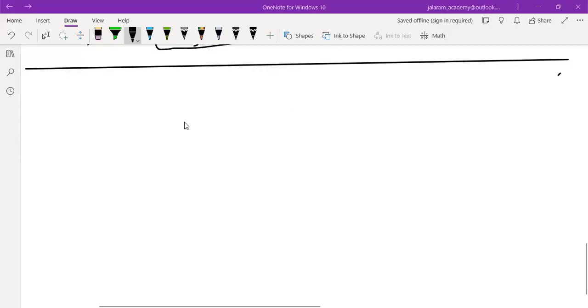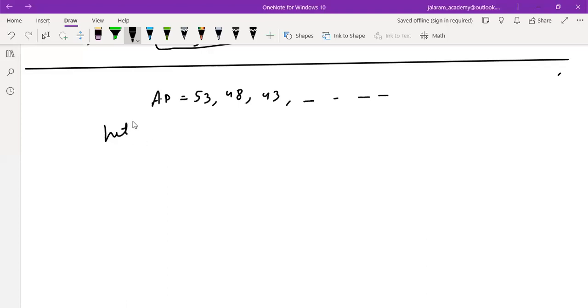Which term of the AP 53, 48, 43 is the first negative term? So let's assume that the nth term is the first negative term, which is what we have to find.